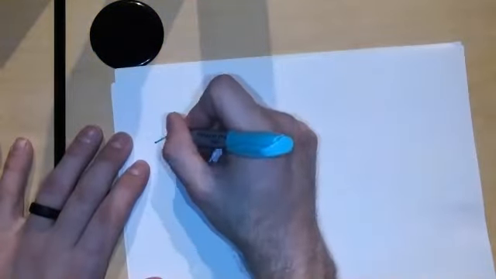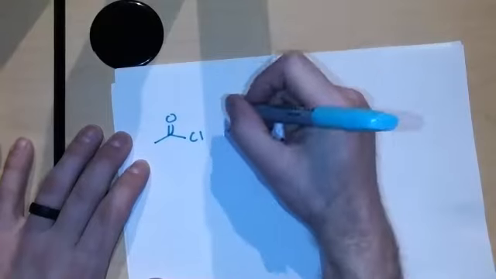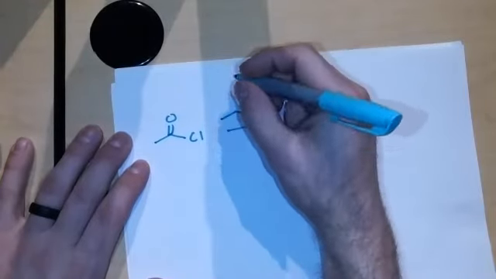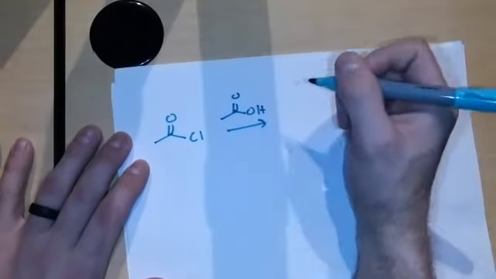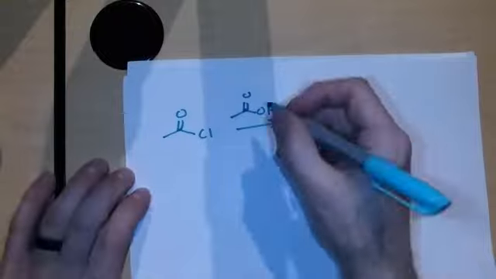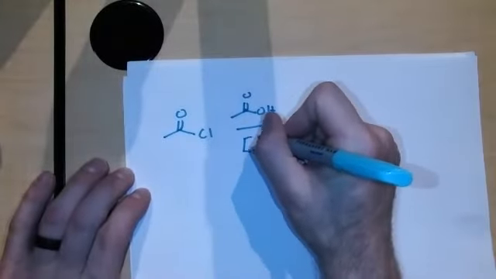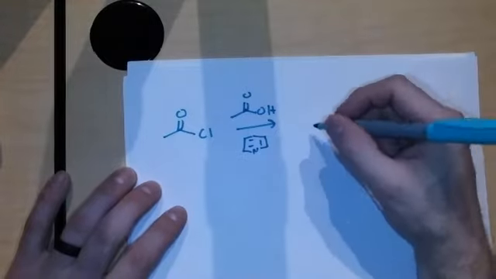All right, so if I take our acid chloride and I throw in a carboxylic acid, it's going to do the same thing as everything else is doing. I think I need pyridine for this. This is going to make what's called an acid anhydride.